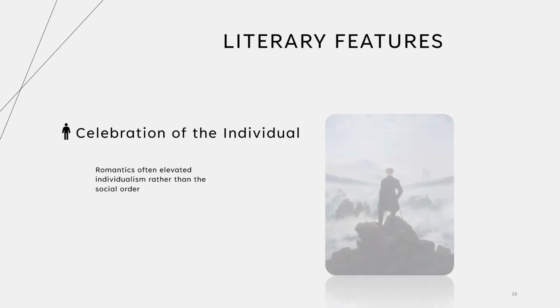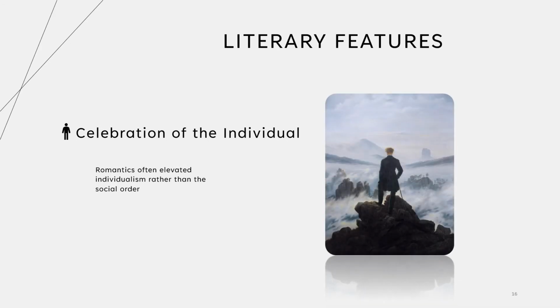Number 4. Celebration of the individual. Romantics emphasized individualism and rebellion over social stability. So, in order for an industrialized society to function well, there has to be order. People have to know where they are supposed to be.